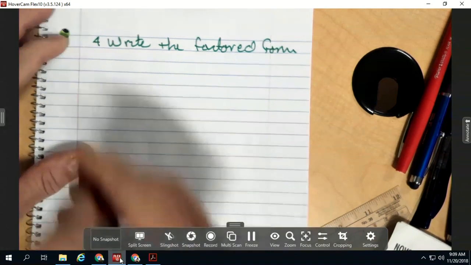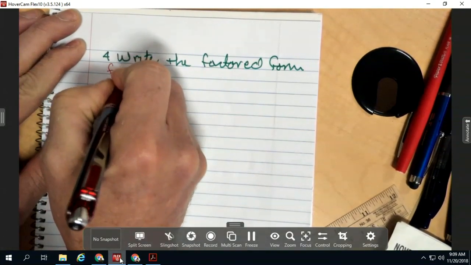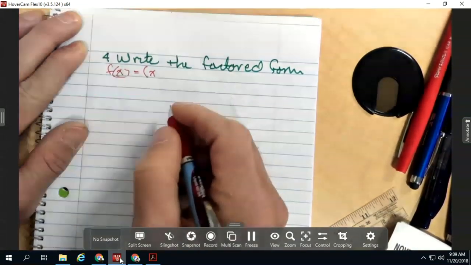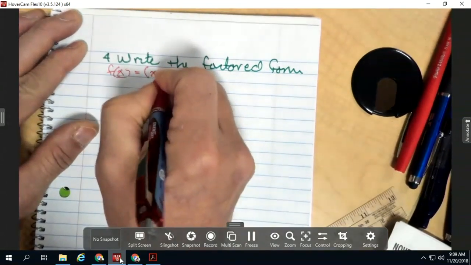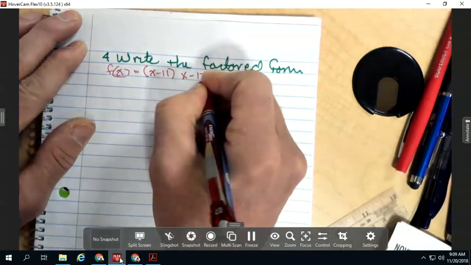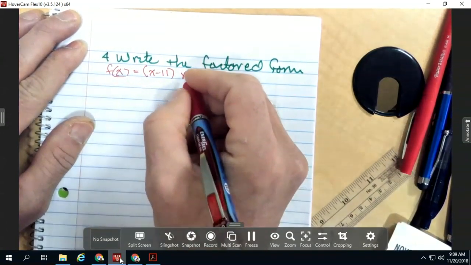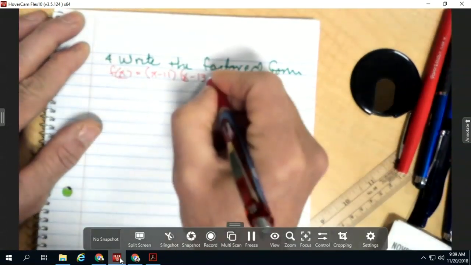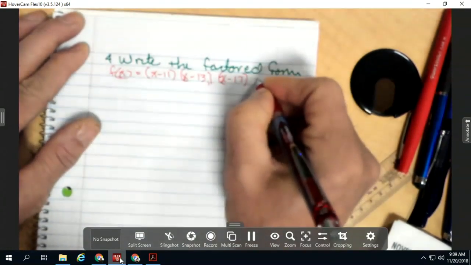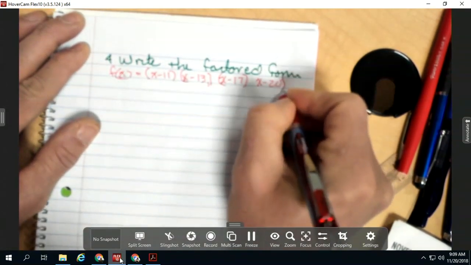So let's write it down. F of x equals x minus 11, x minus 13, x minus 17, and x minus 20.